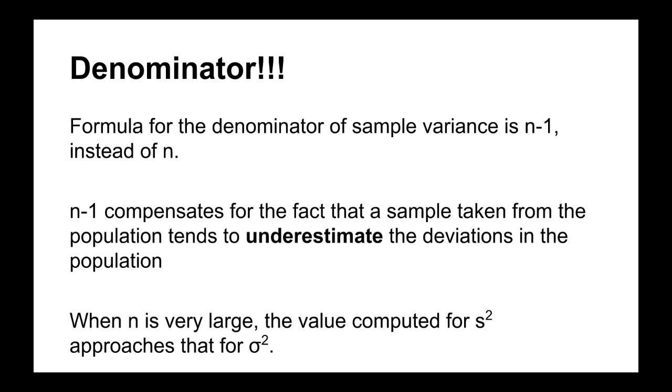Well, when statisticians do their math, what they observe is that a sample taken from any population ends up underestimating the total number of deviations in the population, which means that it underestimates the variability of a population. Now, a nice benefit of that is when you get a very large sample size, when n is very large, the value that you compute for the variance ends up being very close to the population variance, what I'd like to call the real variance.